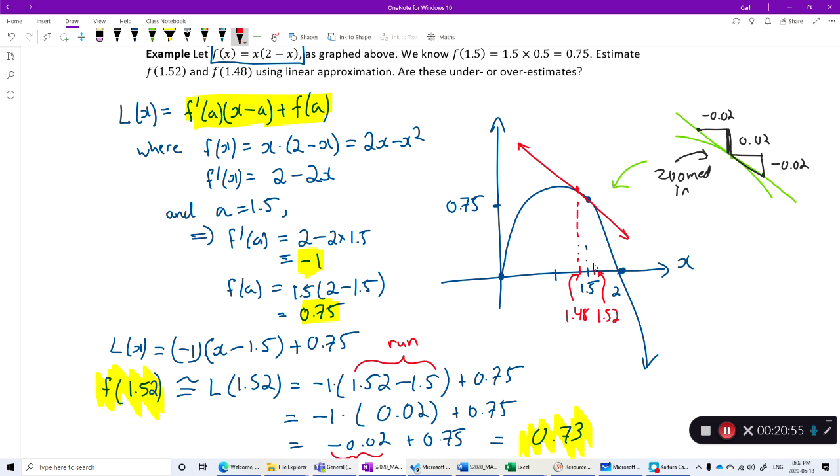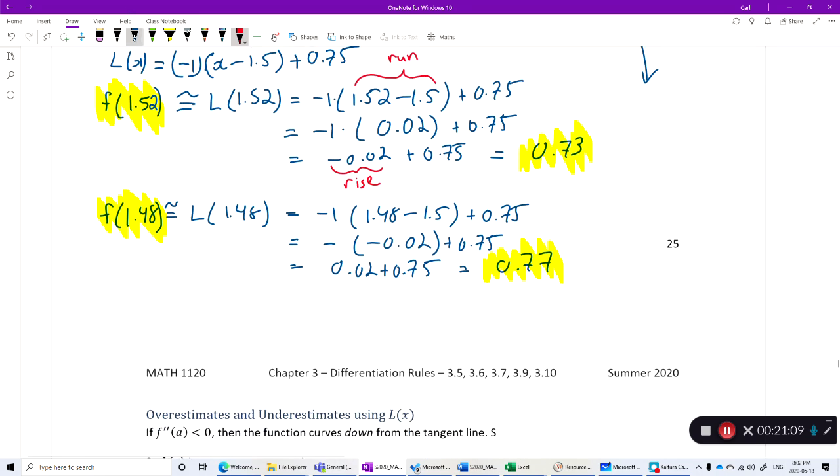Are these values overestimates or underestimates? Are they too big or too small? Now notice that the blue curve is curving away from the tangent line. Let me draw it in blue actually.